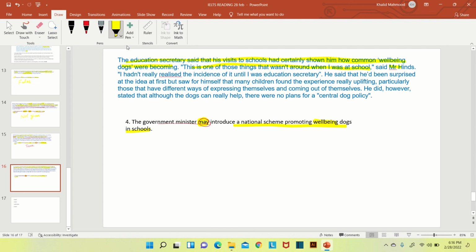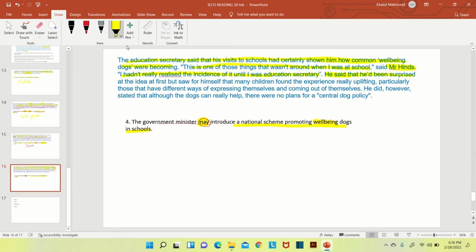This is told by whom? The education secretary, Mr. Hind. I hadn't really realized the incidence of it until I was education secretary. Irrelevant stuff they have told us, so you have to ignore all this. But ignoring doesn't mean you overlook it, you also have to know what they're talking about.